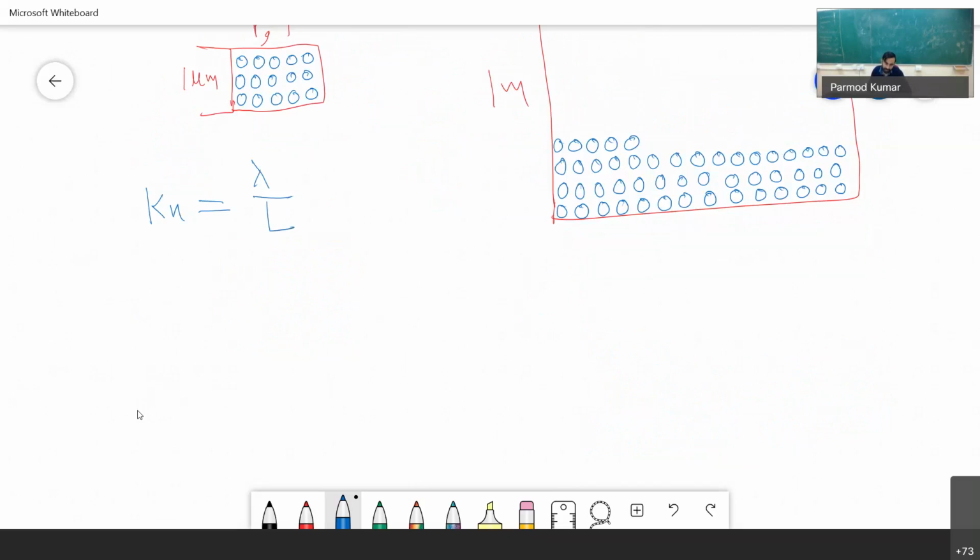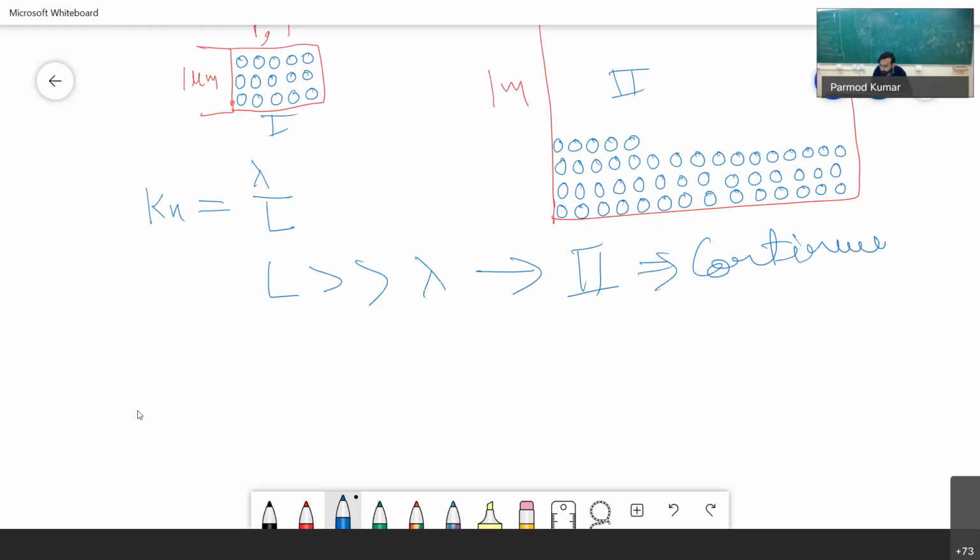If the macroscopic length scale is very large in comparison to the molecular length scale, then obviously we will have this second situation, whatever I have shown here. There we can apply the assumption of continuum. So am I clear in describing the significance of the Knudsen number? Yes, sir. Okay, then mean free path and collision frequency, is it now clear?